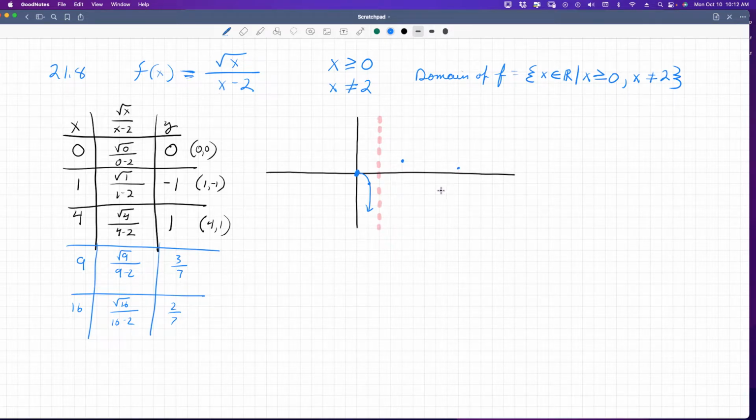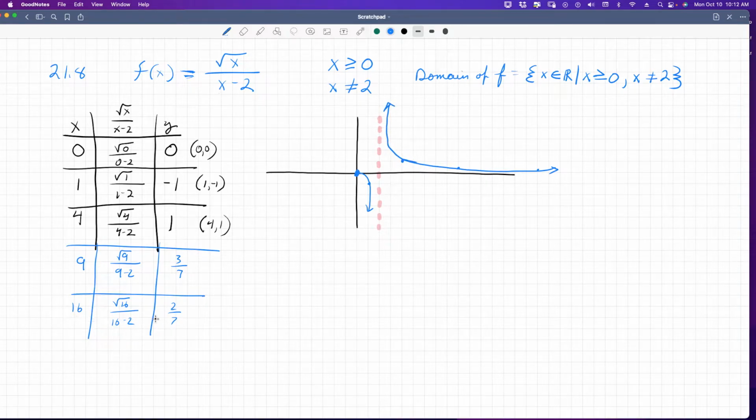And then we have 16 and 2/7, so that would be out here somewhere: 10, 11, 12, 13, 14, 15, 16, and 2/7. So this one would go this way, just like that, I think. Yeah, it actually would go like this.